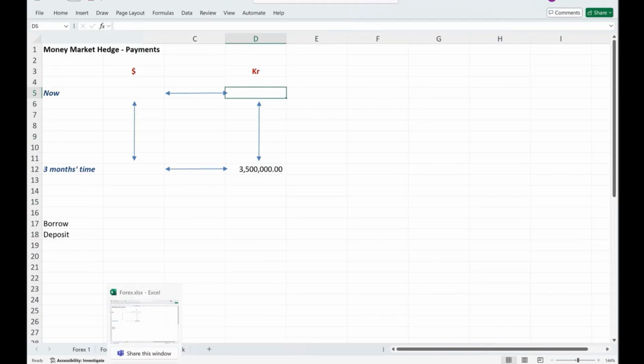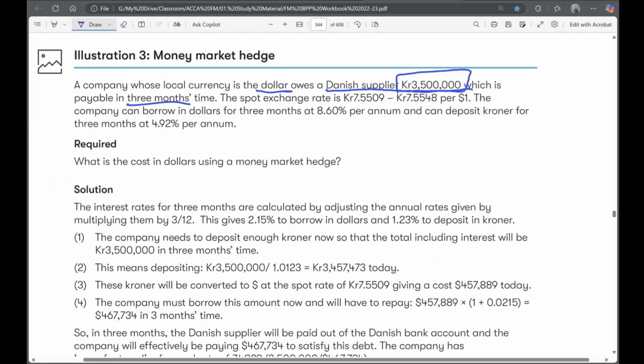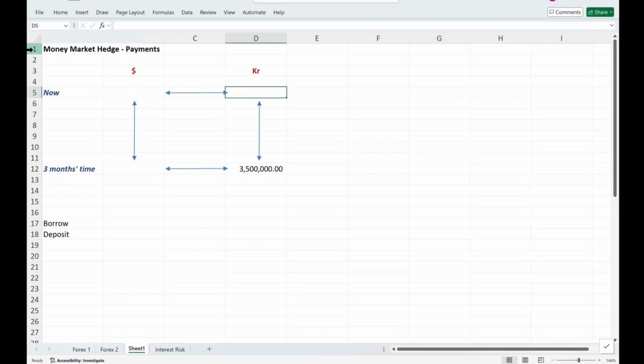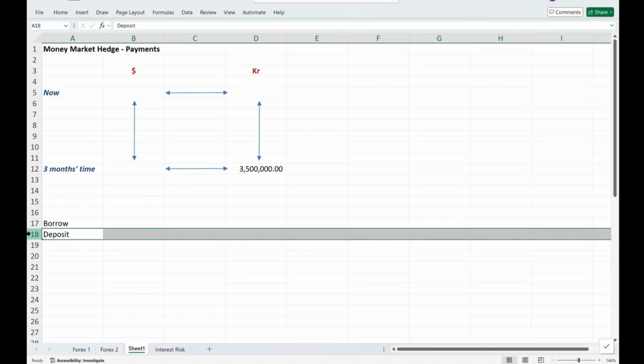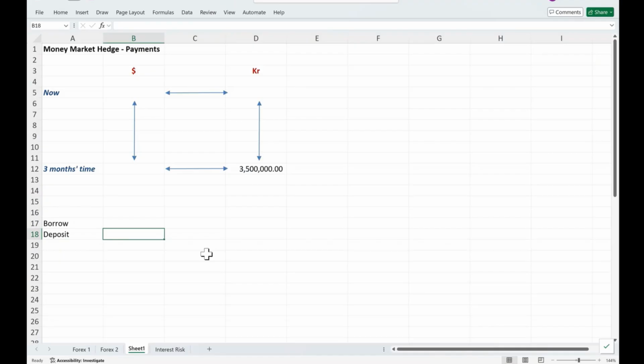The question will give us the deposit rate of kroner. The deposit rate of kroner is 4.92%. So always remember, when a question comes for money market hedge for payment, you have to deposit into your foreign currency, here kroner.